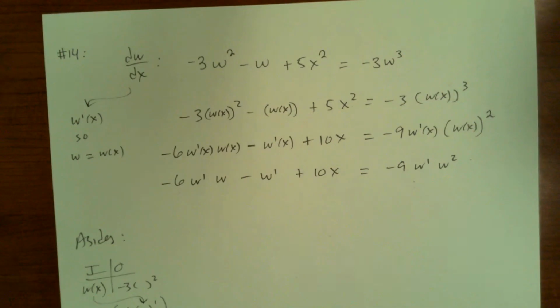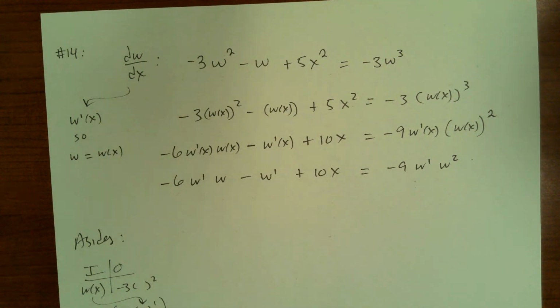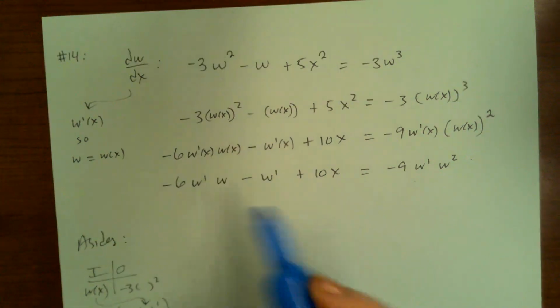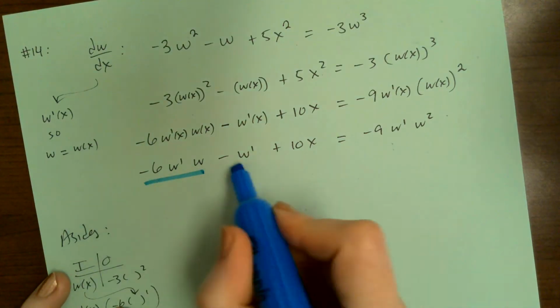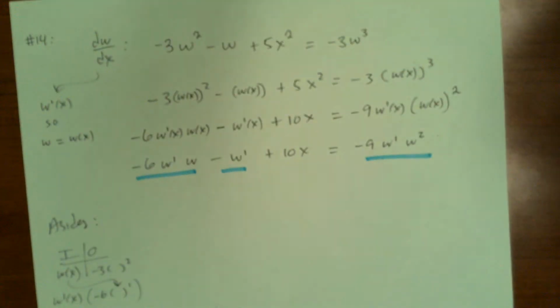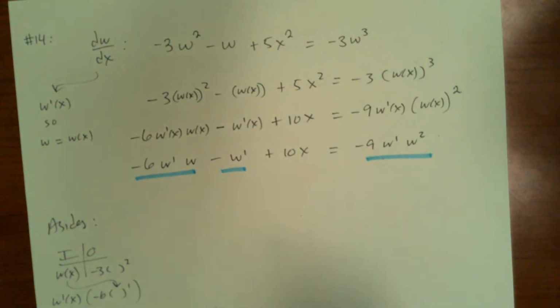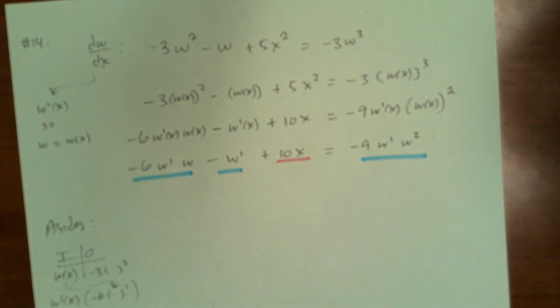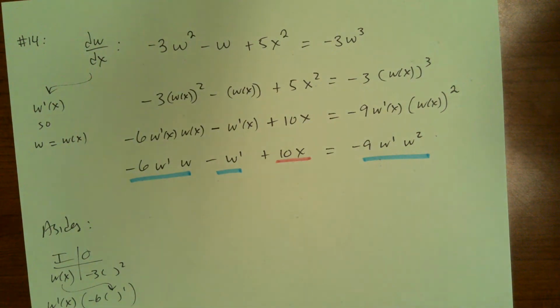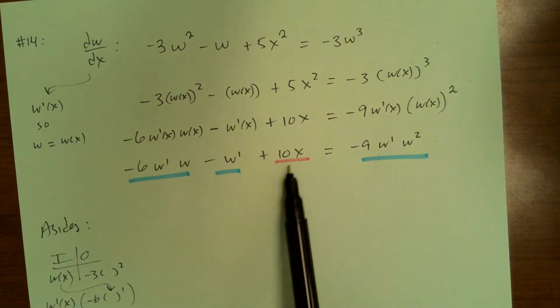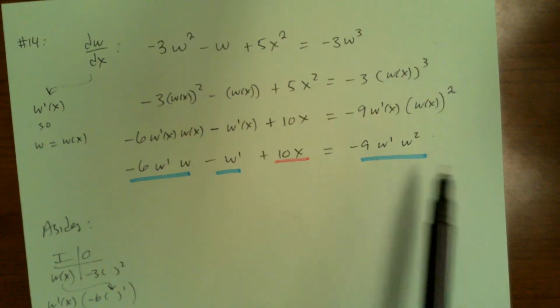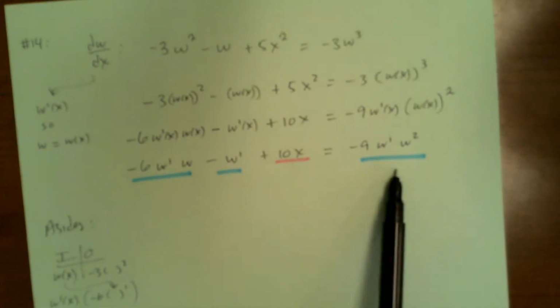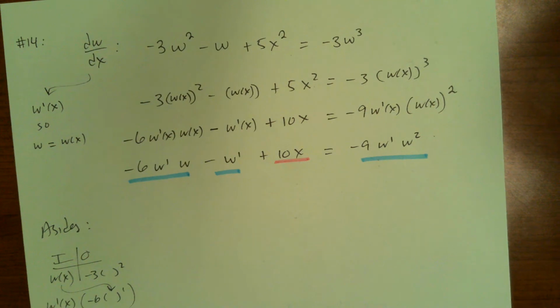Okay, now I've got to get the w prime terms on one side. w prime, w prime, w prime. Those are all w prime terms, and this is the only term without a w prime. So I'm going to subtract the 10x from both sides to get it over here, and add this to both sides to get it over there.